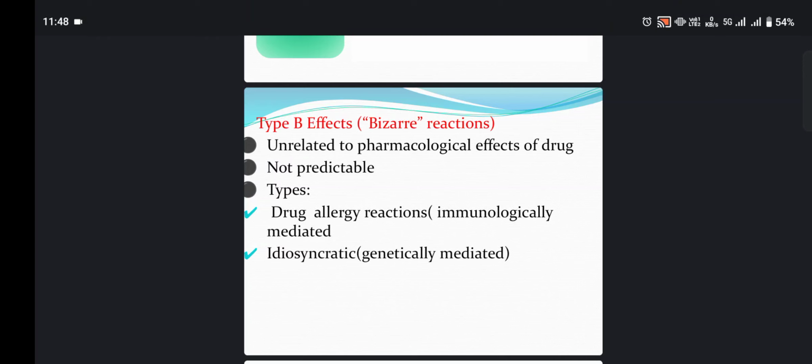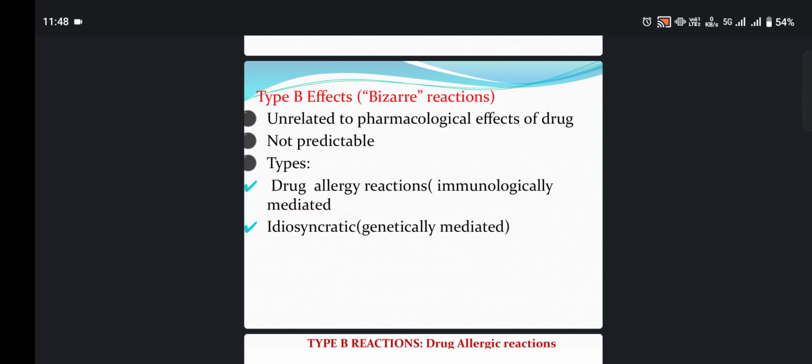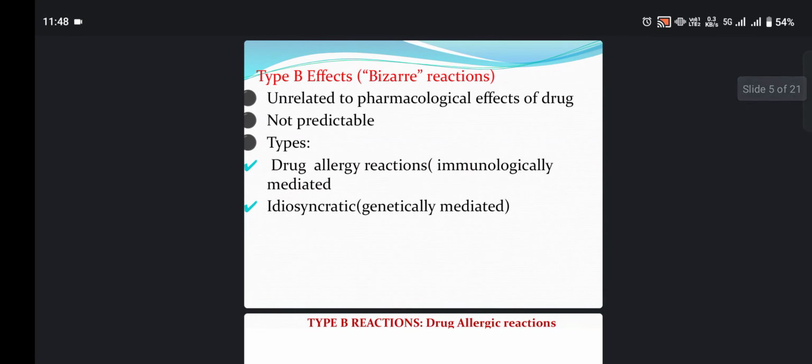In the augmented case we can predict: if we are giving insulin, maybe the patient will come up with hypoglycemia, or if we are giving warfarin, the patient may come up with excessive bleeding. We can assume that. But in type B, we are not able to predict.